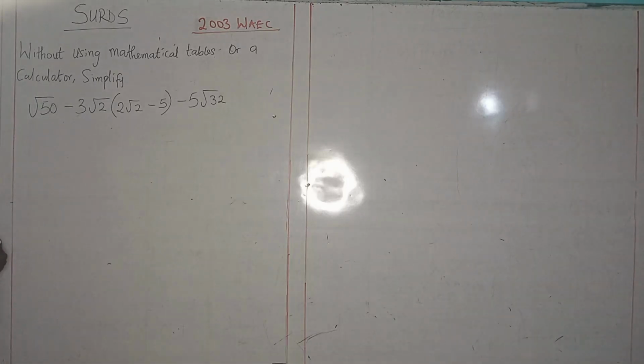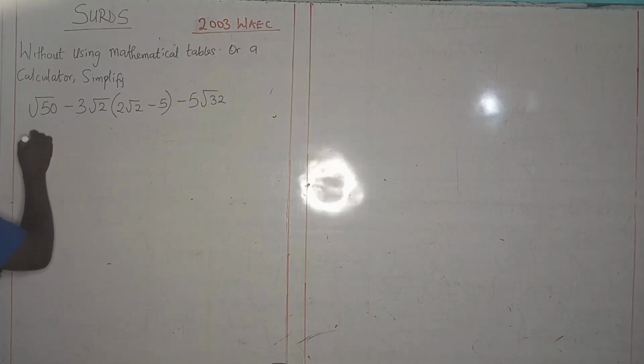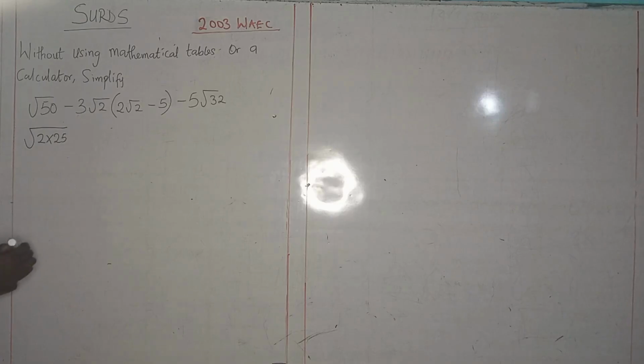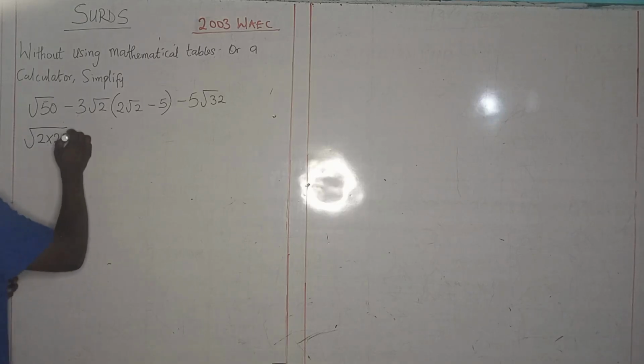Alright? What does that mean? It means we turn root 50 into root 2 times 25 because 25 has roots.